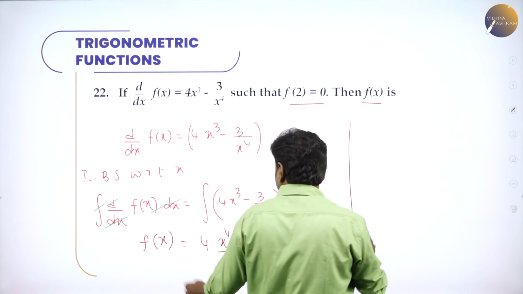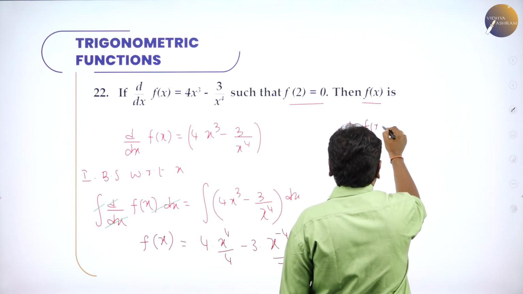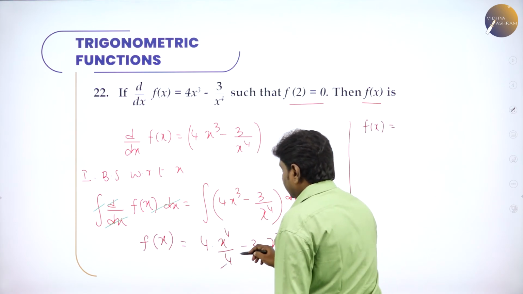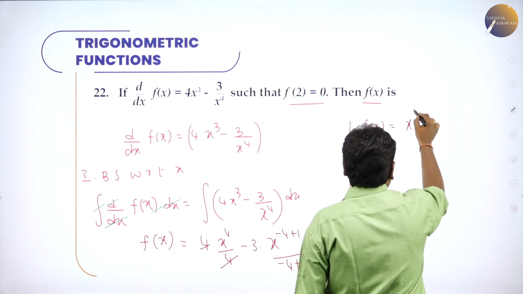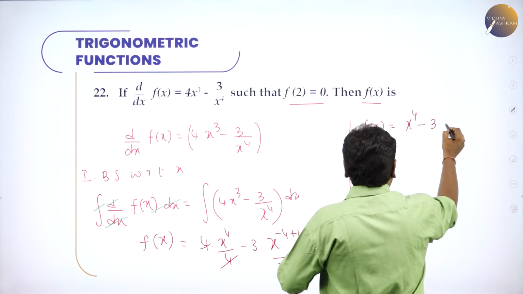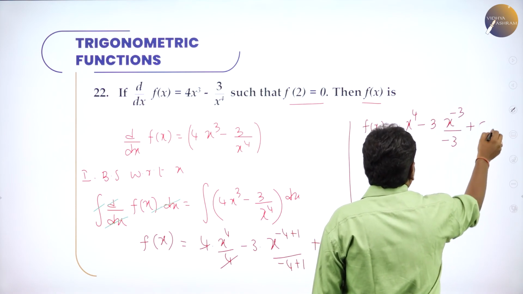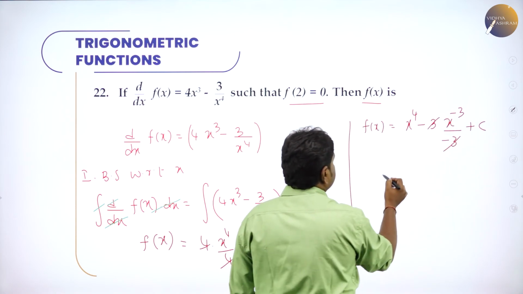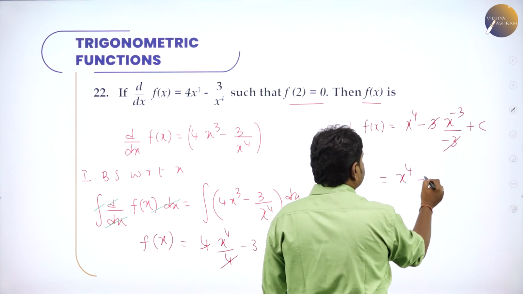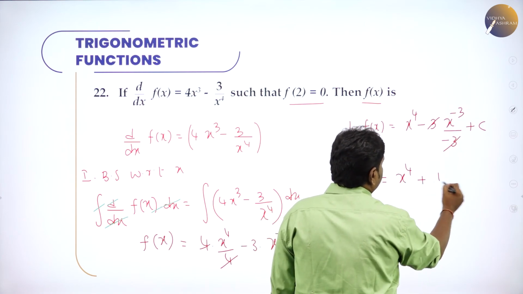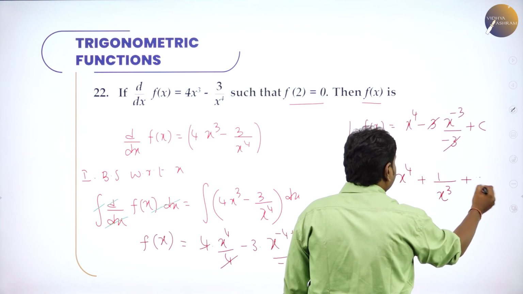Further, on the LHS f of x is equal to, 4 I can cancel, I am left with x power 4, minus 3, x power minus 3 divided by minus 3, plus c. Further 3 cancels, minus into minus is plus, x power minus 3 is 1 by x cube, plus c. This is your f of x.